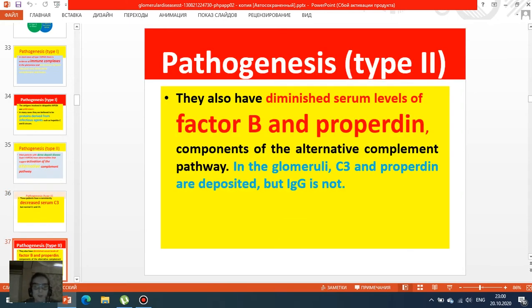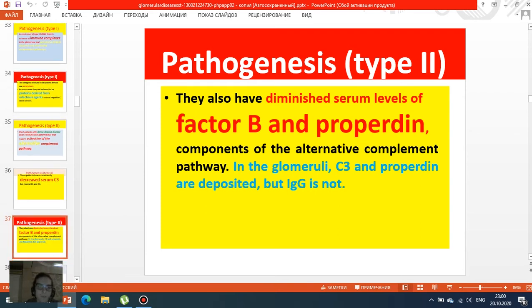Pathogenesis of type 2: they also have diminished serum levels of factor B and properdin, components of the alternative complement pathway. In the glomeruli, complement 3 and properdin are deposited, but immunoglobulin G is not.